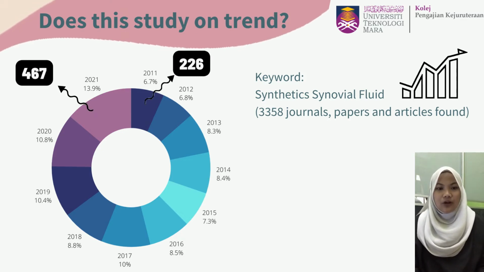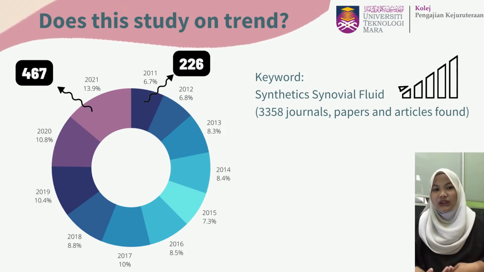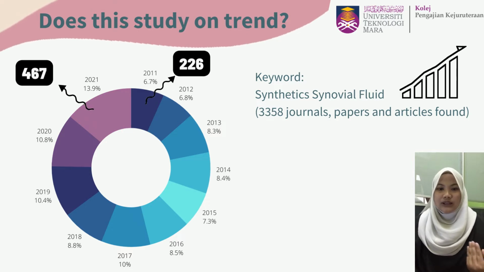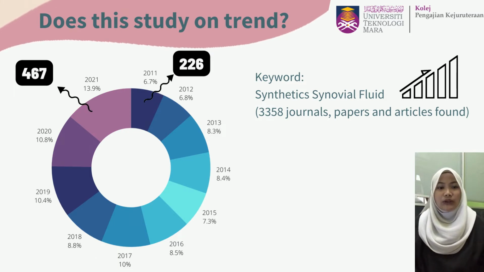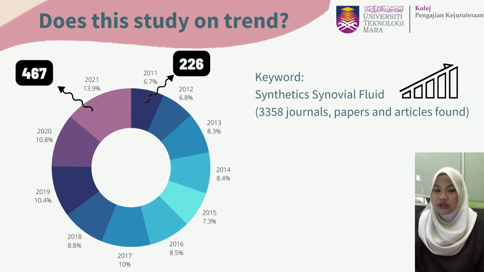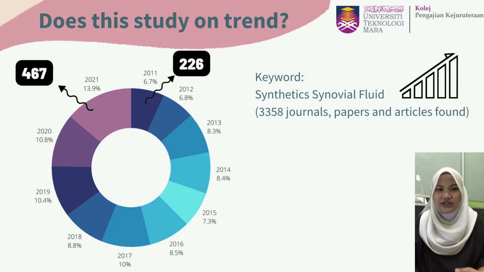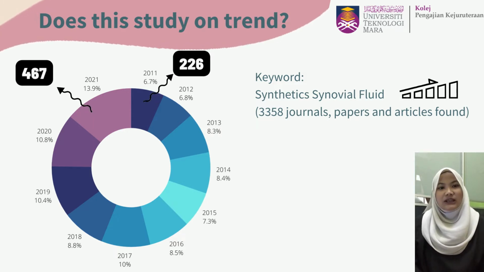The largest number of publications was found in 2021, featuring 467 articles available, while the lowest number was found in 2011 with only 236 articles available. This study was on the increased trend and ongoing until now.